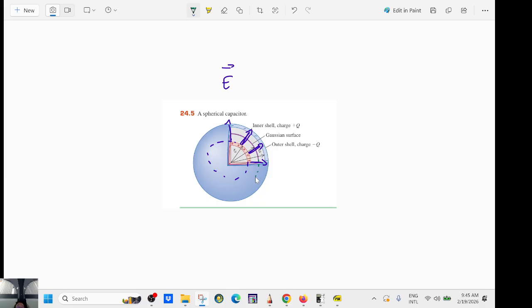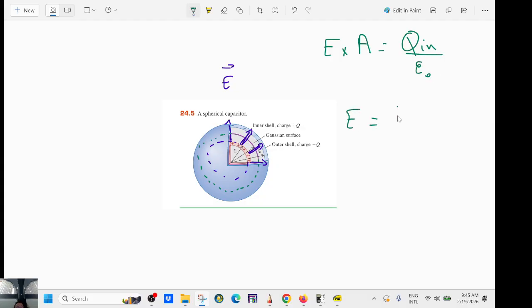You take an imaginary bag, a spherical bag, okay? And you say E times the area is going to be Q in over epsilon 0.